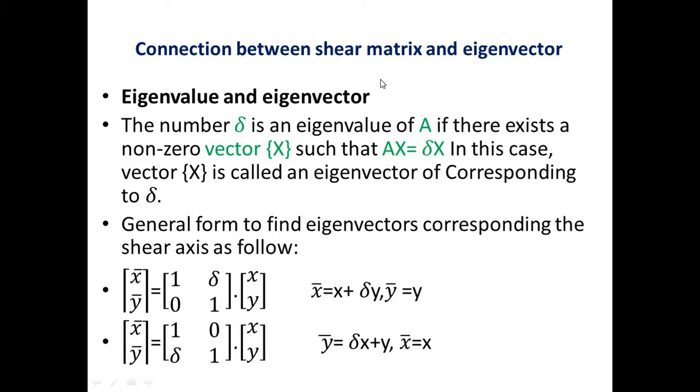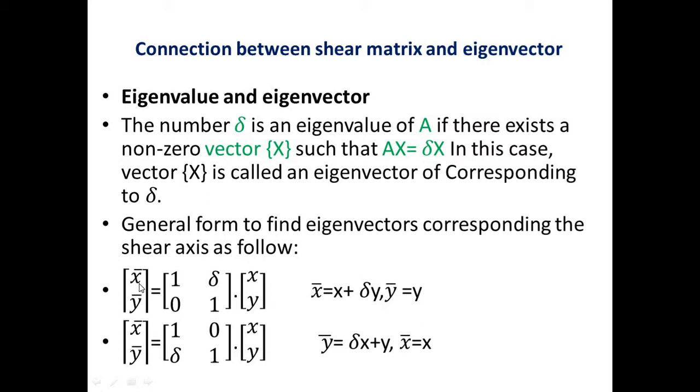But the shear matrix is different, because for the shear matrix the eigenvalue is only 1, and that's why every non-zero vector you take will satisfy this equation. And that's why for the shear matrix you can take any vector. Also, the general form for finding the eigenvectors corresponding to the shear axis is as follows.